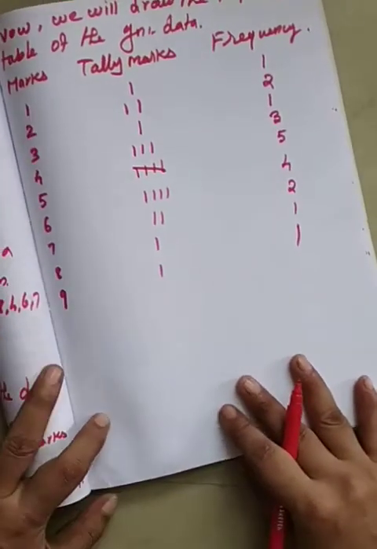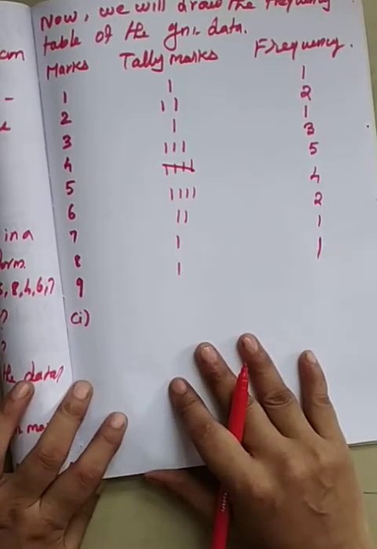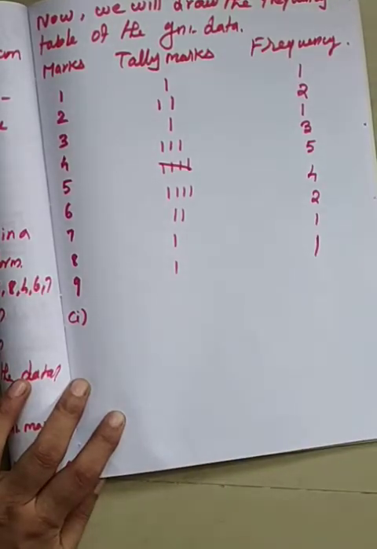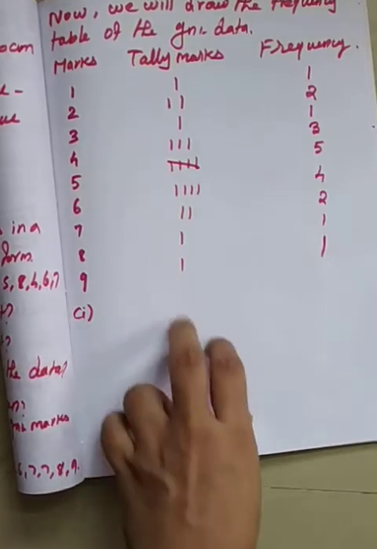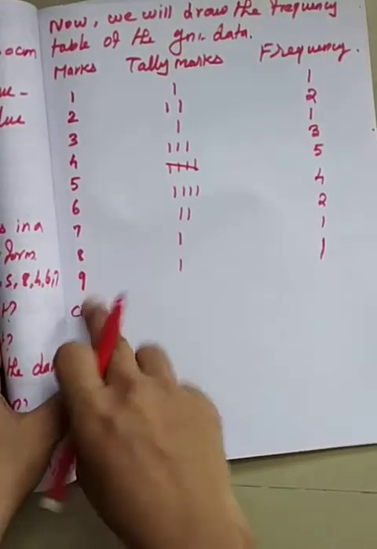Okay, now see here the first one. What is the first one? You have to find the highest number. Okay, by observing the table clearly, the highest number among the given data is which one? 9.